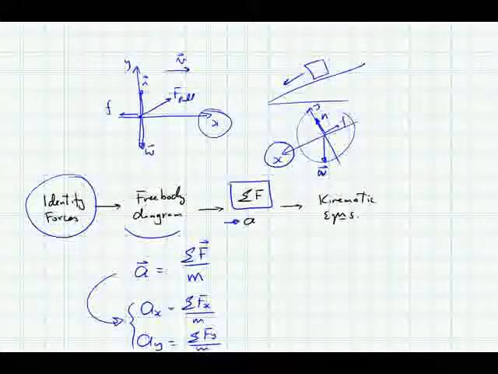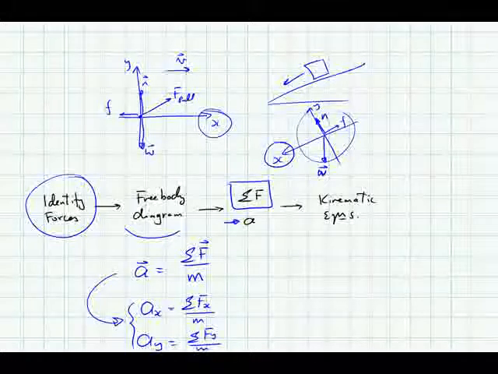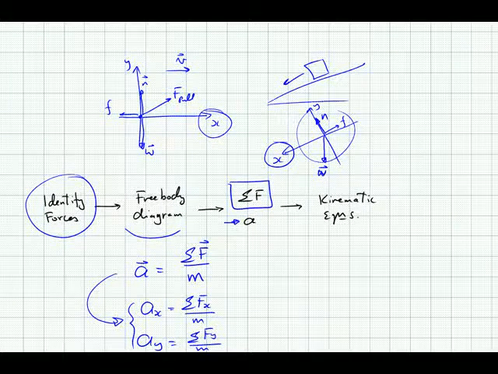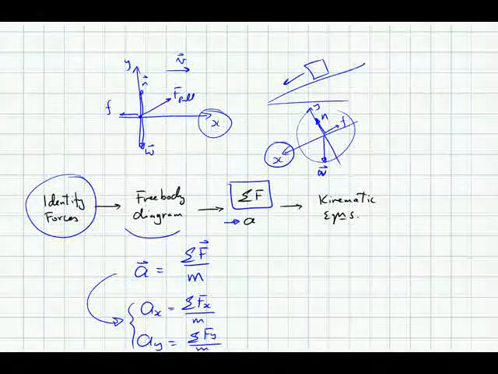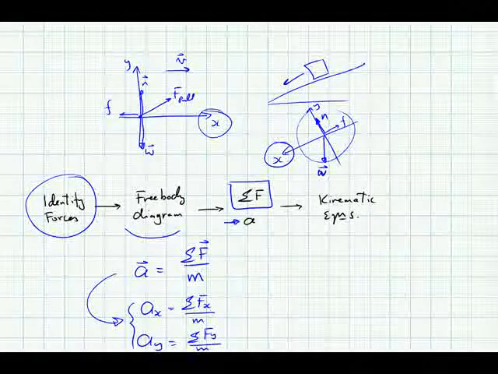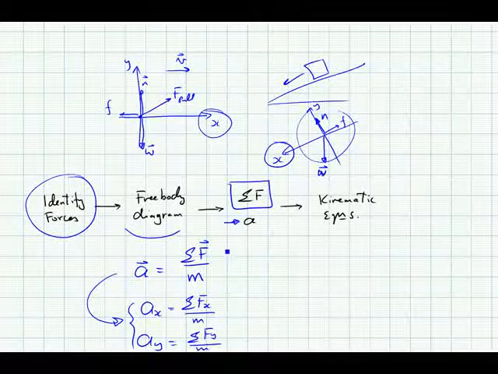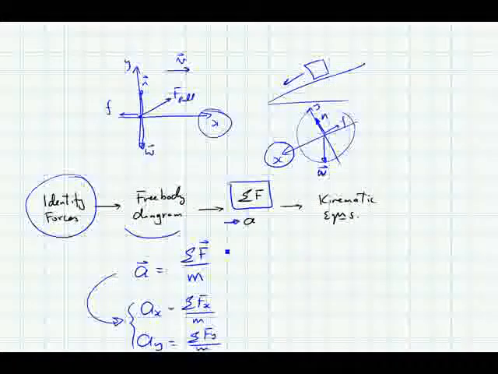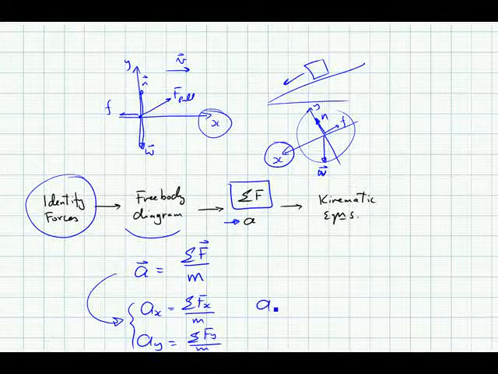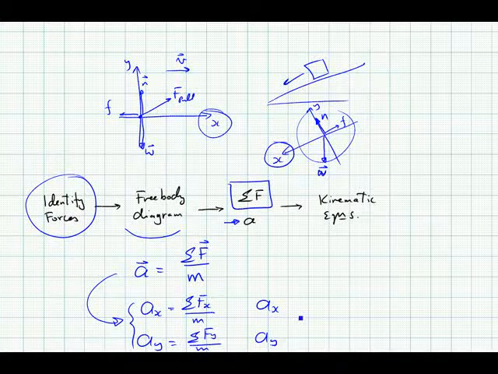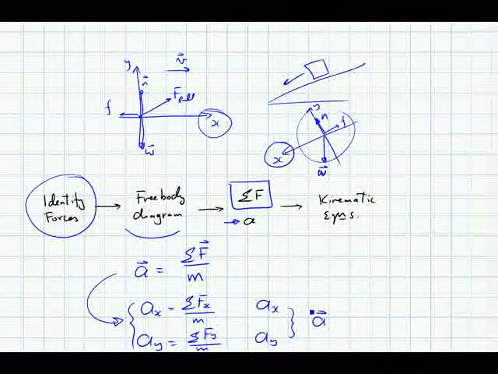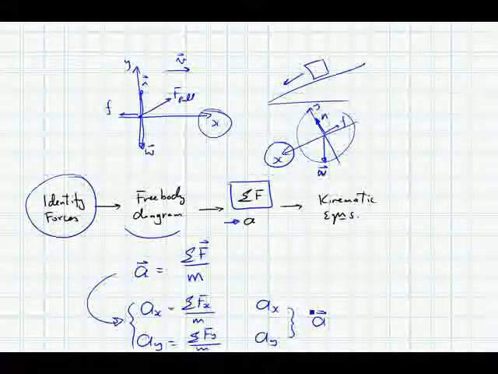So depending on what coordinate system you're working with, you need to do your net force divided by mass analysis on each axis. Having obtained ax and ay, now you can combine these vectorially, of course, to get the acceleration vector.